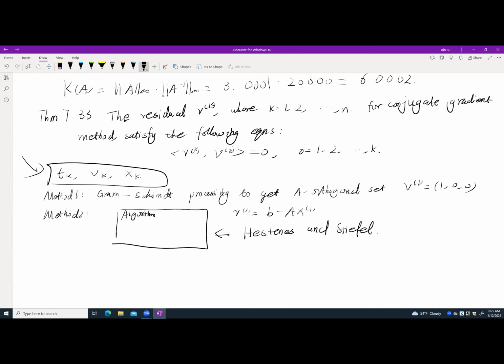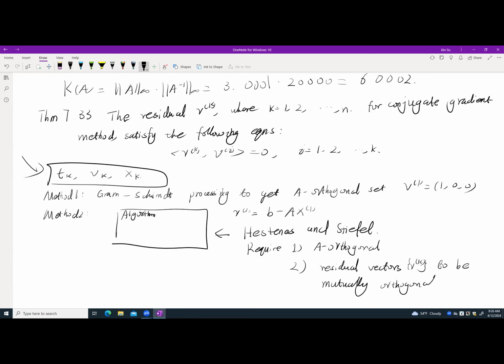When they created this algorithm, they required two things for the A-orthogonal set, the V vector set. First, it is A-orthogonal, and they also required the residue vectors to be mutually orthogonal.